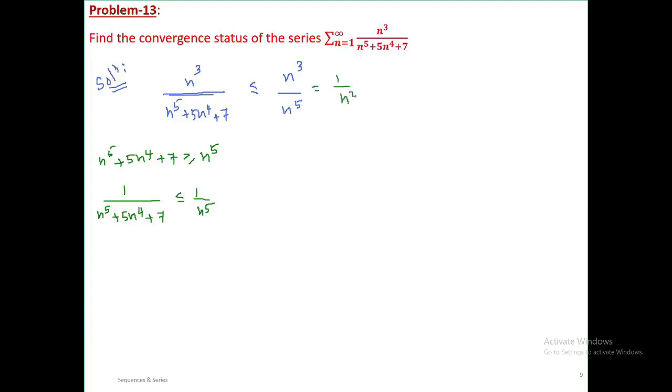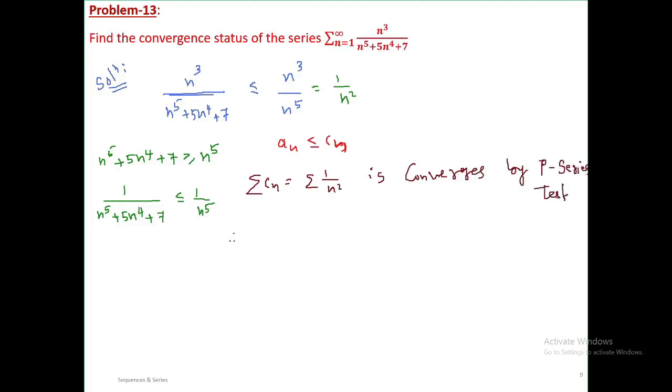Again, upper bound series 1 upon n square converges, therefore lower bound converges by what? Comparison test. So it's like an is less than or equal to cn kind of. Therefore, what is cn? Series cn is series 1 upon n square. 1 upon n square converges by p series test.